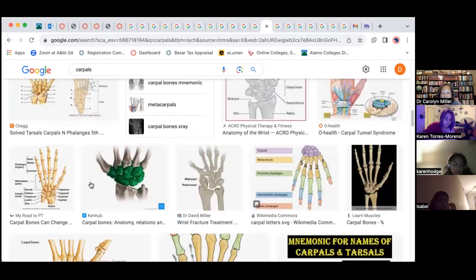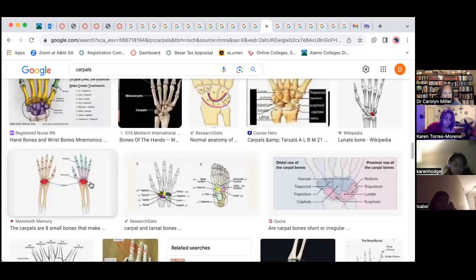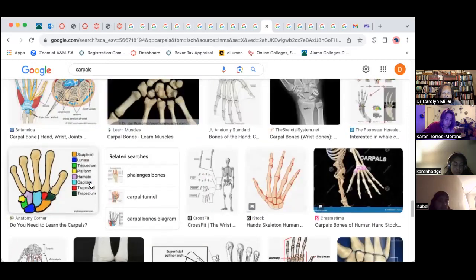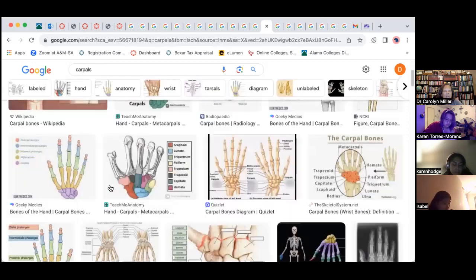But I could use that diagram or another one that has all 8 carpals, this one, but it's a different view. And here's your trapezium, because we said with the thumb, trapezium, scaphoid, but I think I like the other one better. I like this one better.